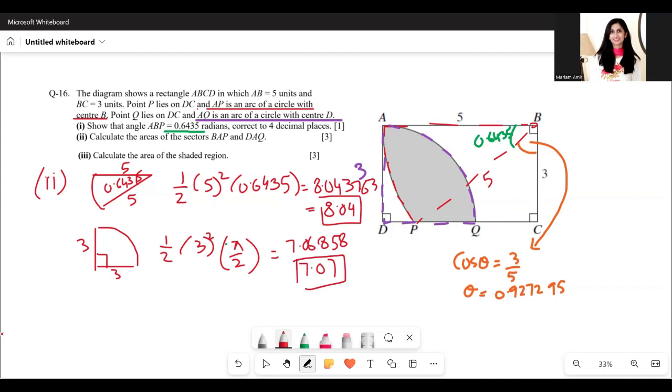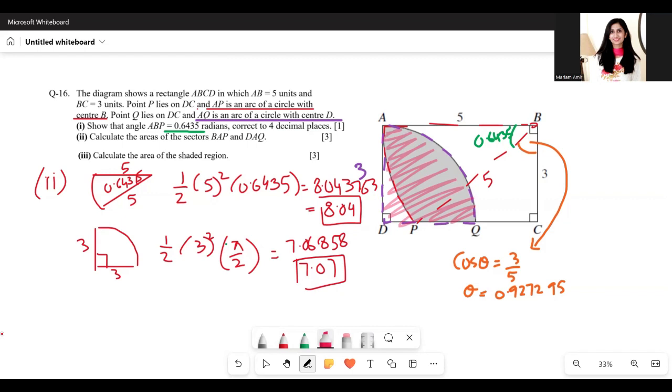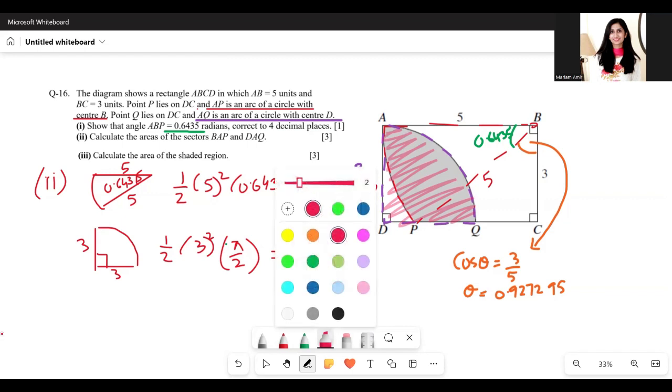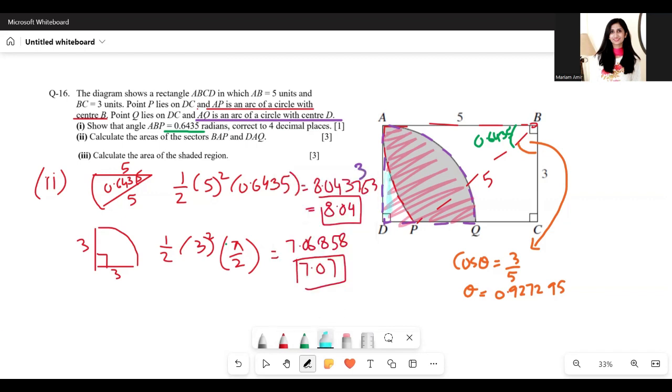Part 3 is find the area of the shaded region. Okay. Now, the shaded region is this entire sector, but from this, you have to subtract this part as well. So we know the area of the sector, we just calculated it, 7.06858. But how do we find the area of the blue part to subtract from it?